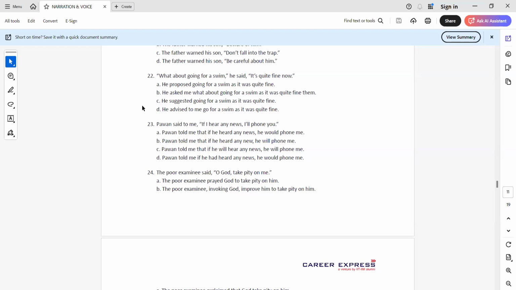Suggestions are advisable, or you should do this. किसी अच्छी चीज के लिए ही कोई इंसान बोलेगा कि you should do this या ये करना चाहिए. Nobody will ask you to commit suicide or commit a crime or something like that.